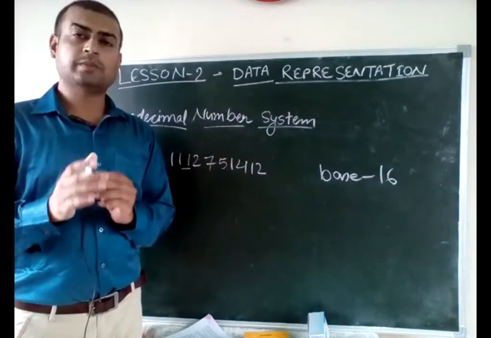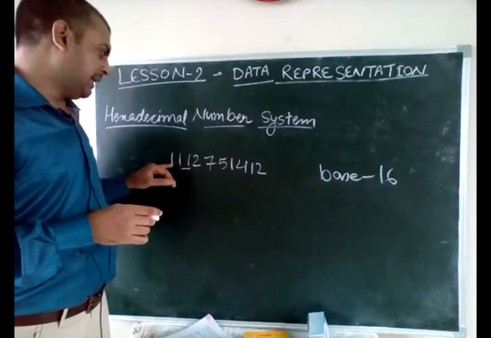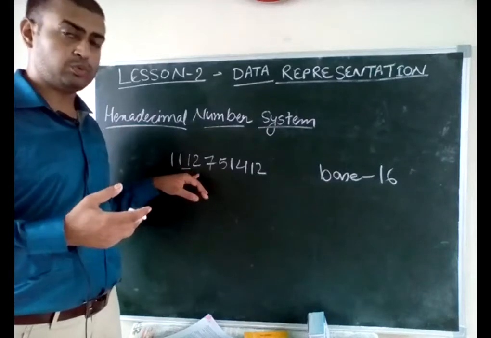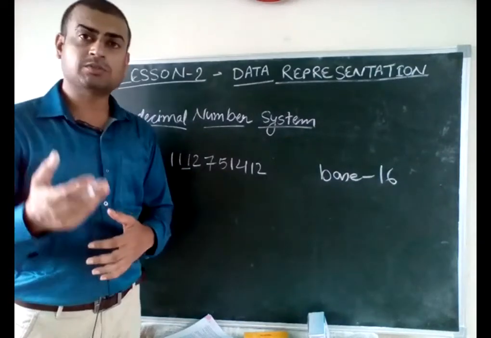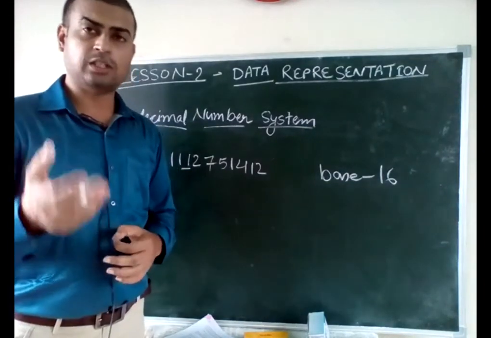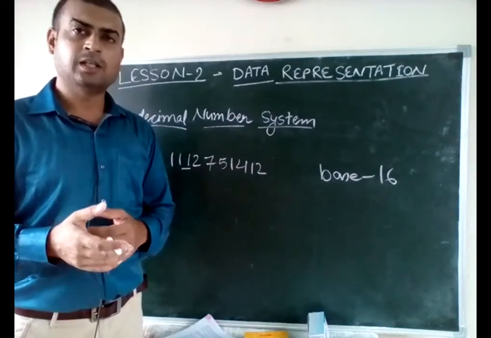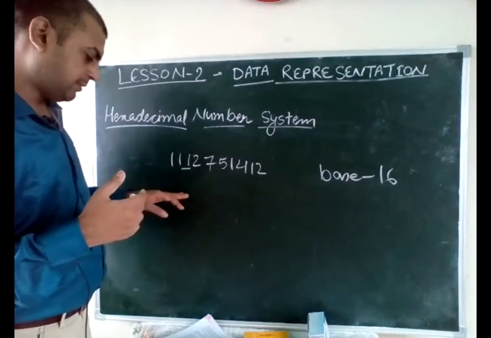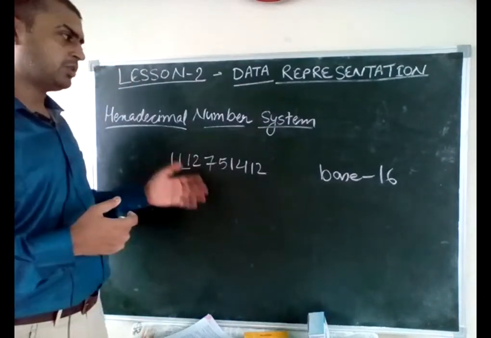This should be clear: is this 11, 12, or is this 1, 11, 2? How will this be clear? This will be clear only with the help of the code system. We will give certain values to the numbers, and then we will read the number according to that code system.